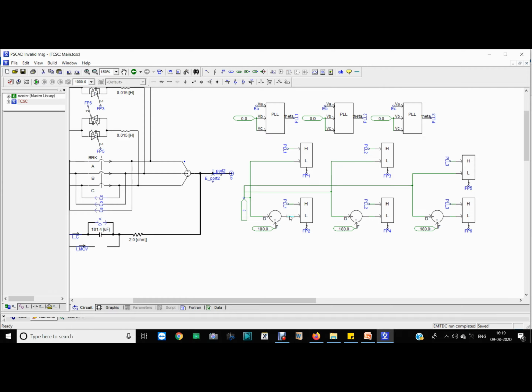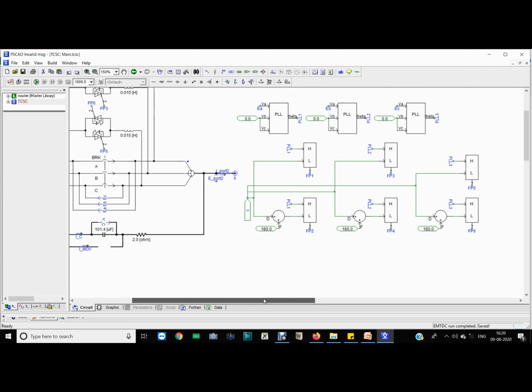This angle will be compared with the PLL1 and we get the firing pulse AP2. Likewise for phase B and phase C, the same principle is maintained.